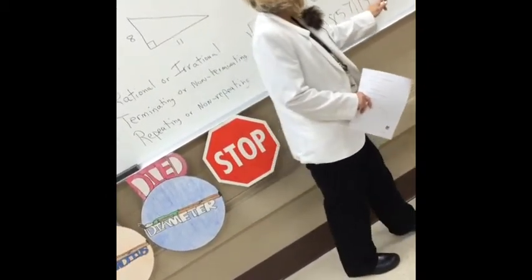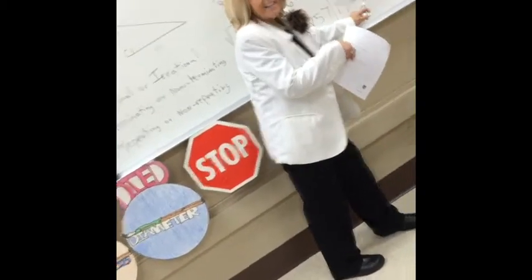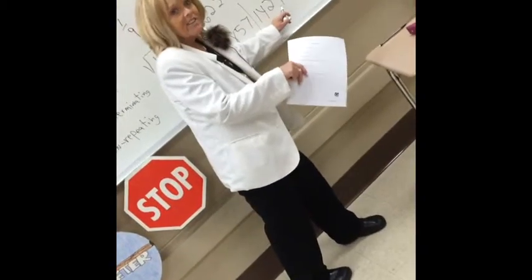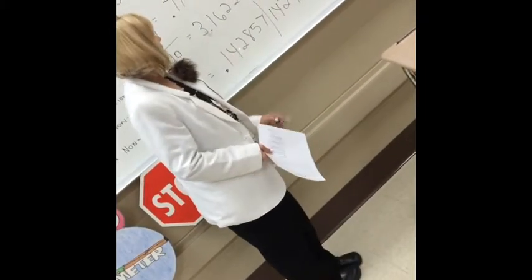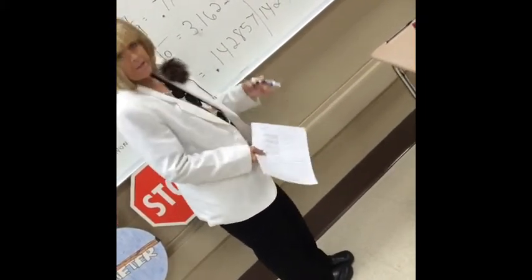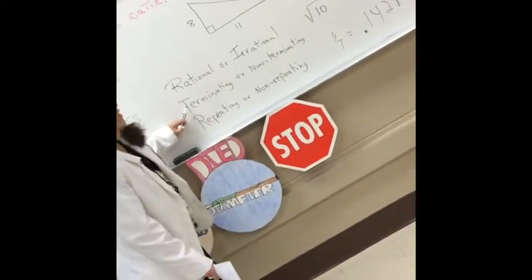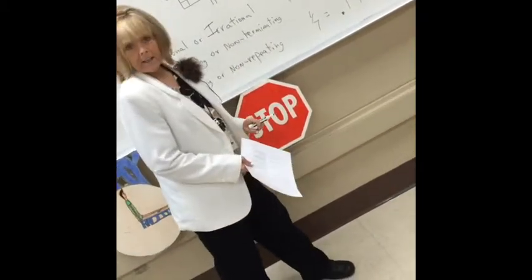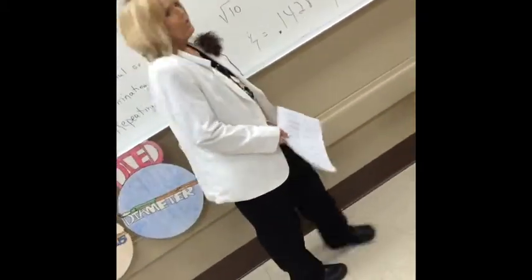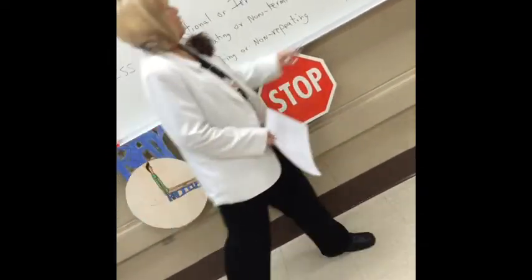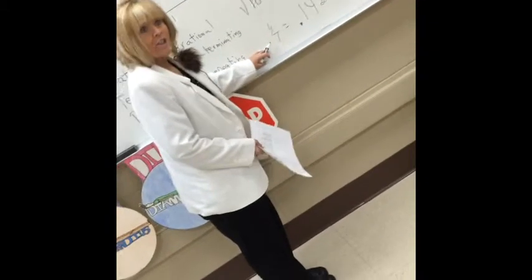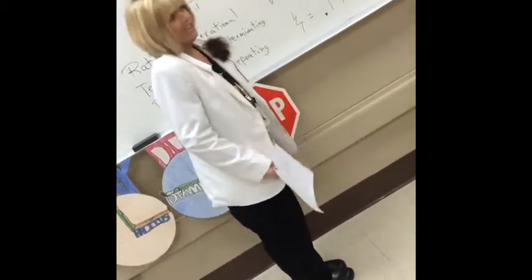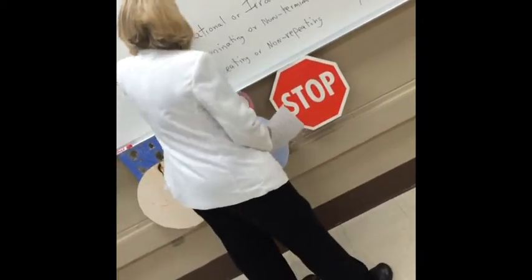The only reason that's a 9 is because the calculator rounded it off. It really goes 142857, 142857, 142857. So that's repeating. Does it terminate? No. It's non-terminating, because when it comes out like that, the only reason it stopped is because it ran out of space. Now, is that rational or irrational? Rational, because it's a fraction.